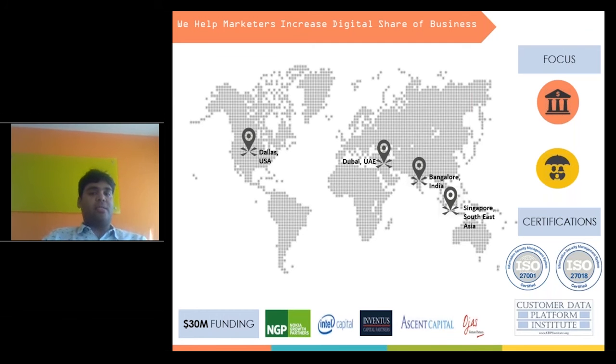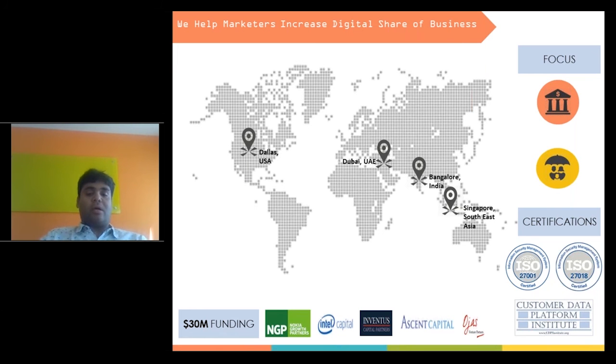So as I told, at Visuary we help marketers increase their digital share of business. We have offices in Dallas, Dubai, Bangalore, Singapore, almost all geos, and our focus is on the BFSI vertical, which means most of our clients are banking and financial services, and the technology and the algorithms are also aligned to that.